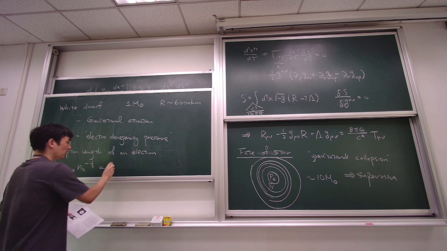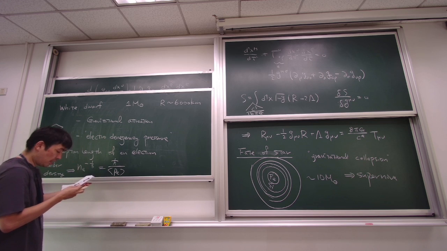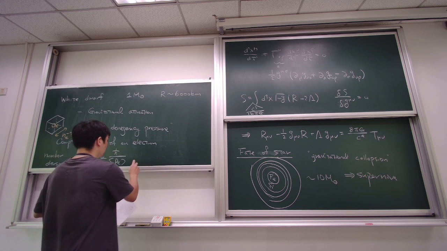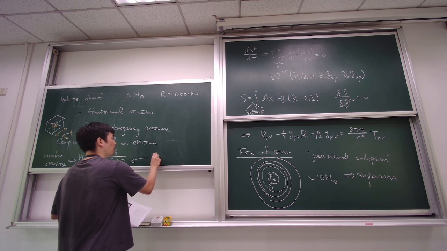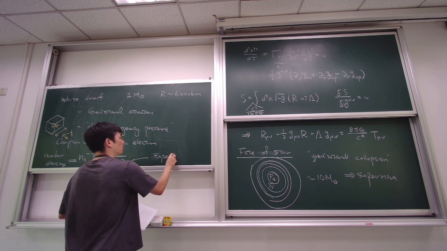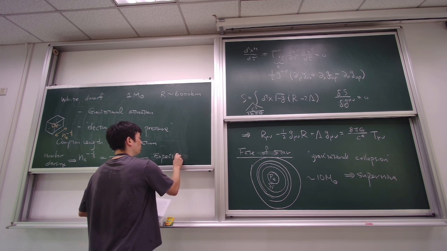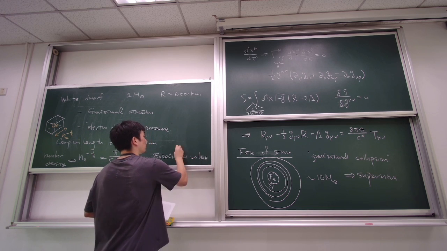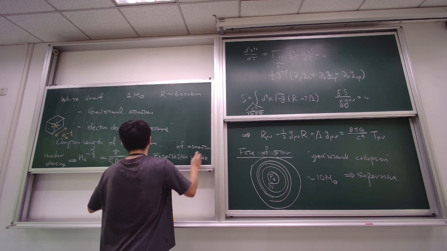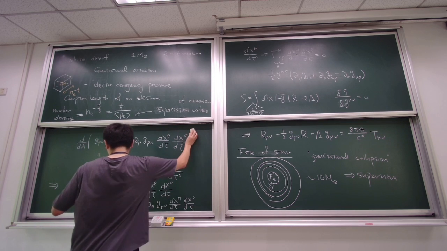Therefore we can say p_e is the average, the expectation value of the momentum of the electron. So this is the rough quantum length.